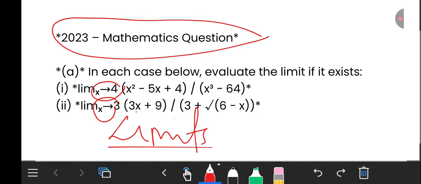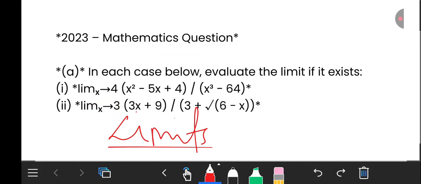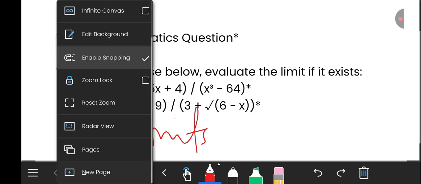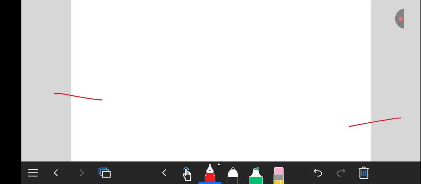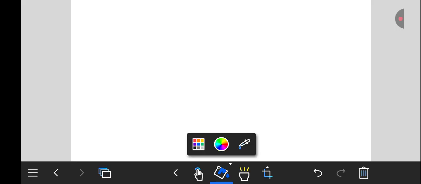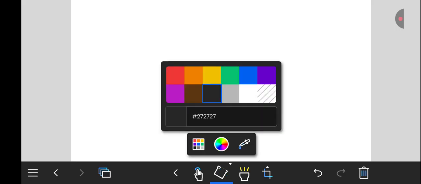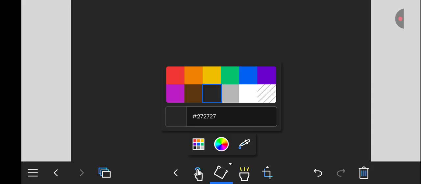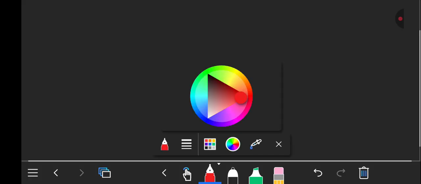Okay, even before we can answer these questions, let's try to understand something on limits, what to understand even before we can tackle these questions.